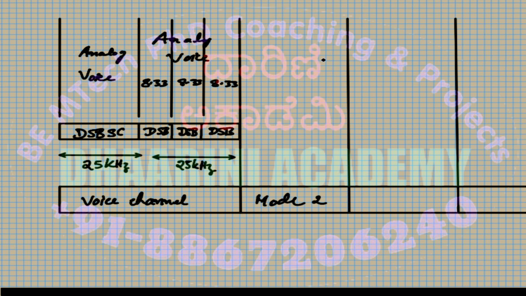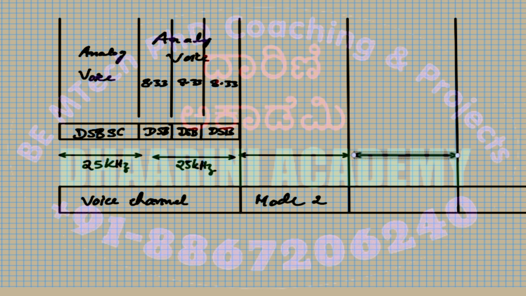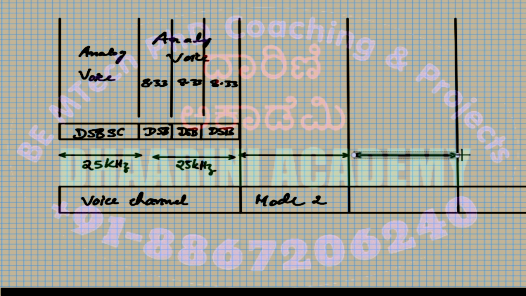Okay, this is mode 4. Again, we have the 25 kilohertz bandwidth allocated for this, because we already know that the width is 25 kilohertz. This is 25 and this is 25.